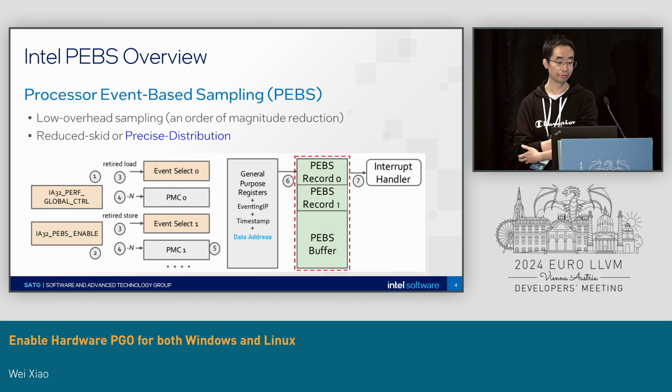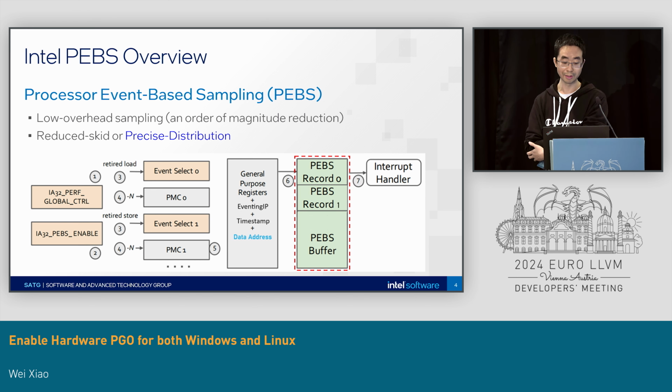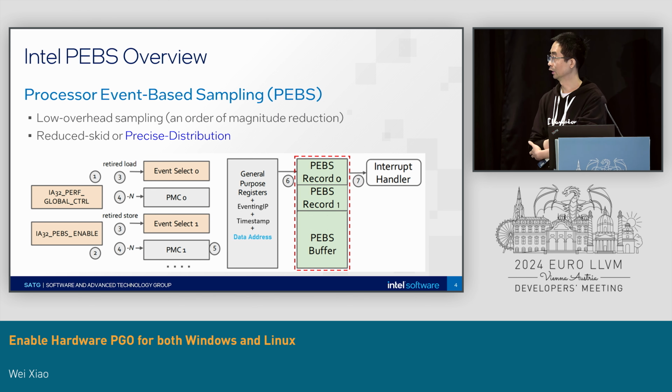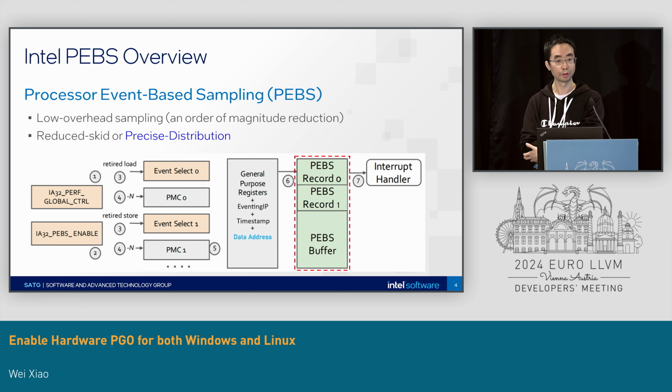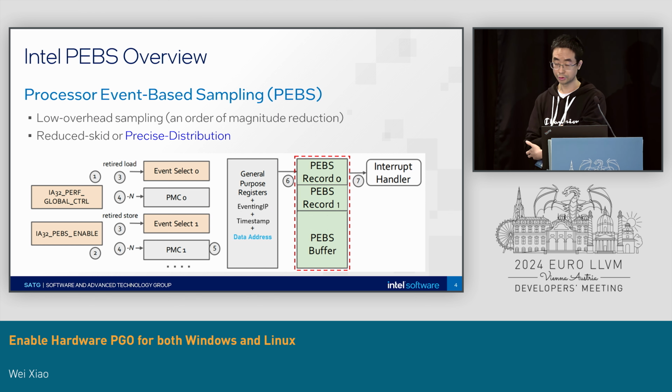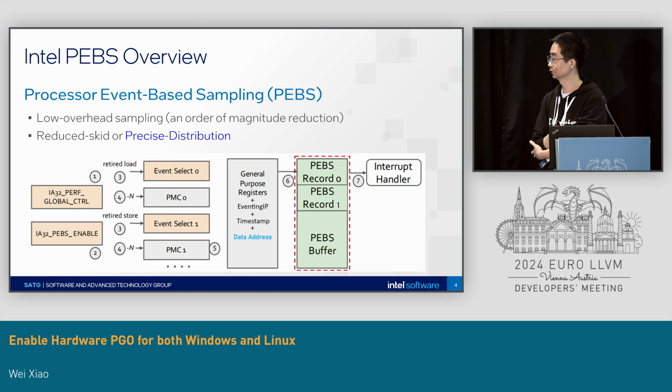So we can reduce the sampling overhead by an order of magnitude compared to the traditional pure interruption-based sampling method. As well, it can reduce skid or even provide precise distribution.